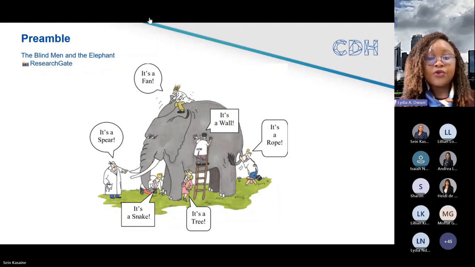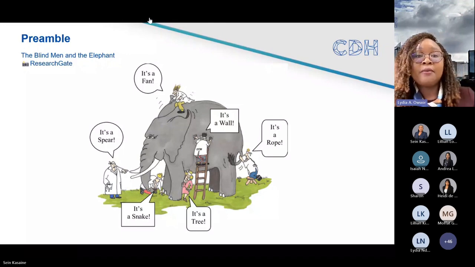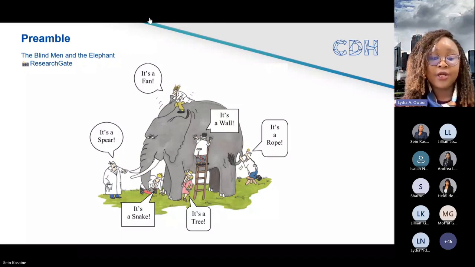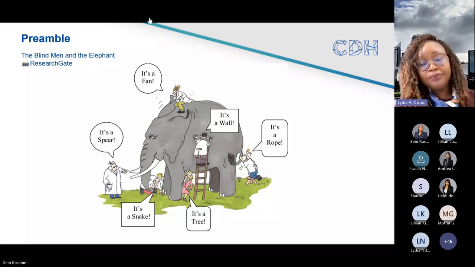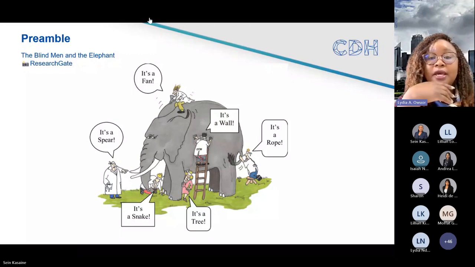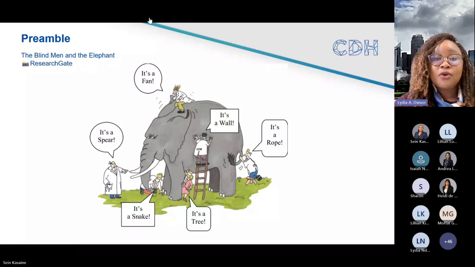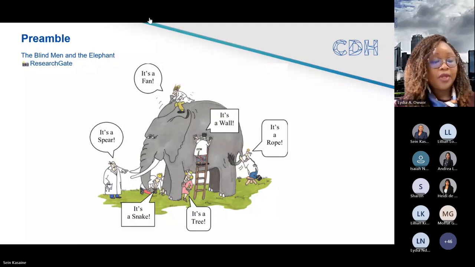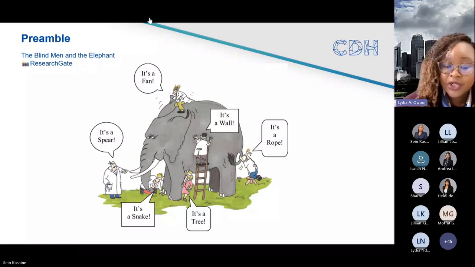Again, apologies. So I was trying to demonstrate the analogy in this story. As I said, the story is about an elephant and what is supposed to be 6 blind men, as you can see. One of the men is touching the tail, and he thinks that that is a rope, right? Someone else is touching the ear, and they think it's a fan.